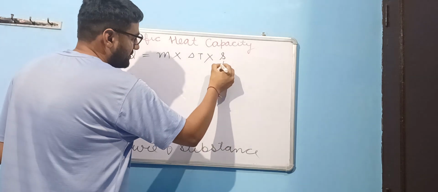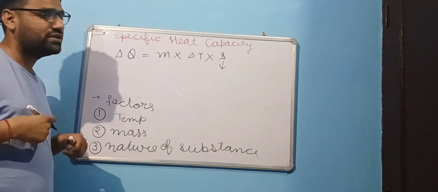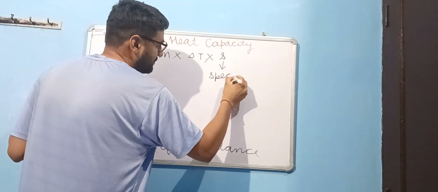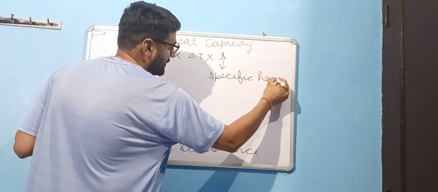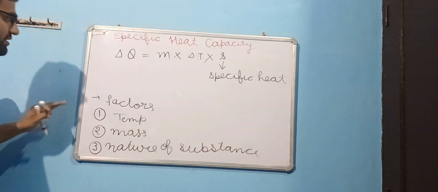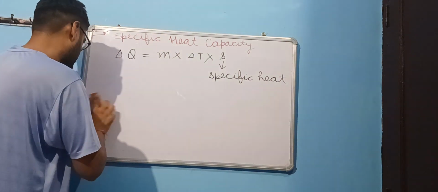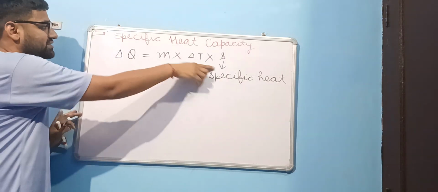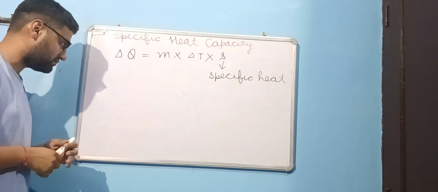We call this dependence on the nature of the substance the specific heat. So this is the formula of heat. We provide heat to the substance, and it depends on these factors.